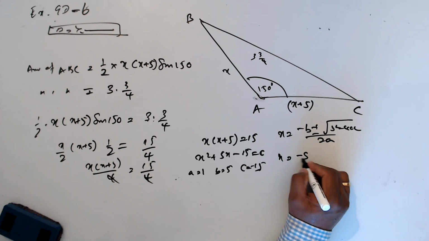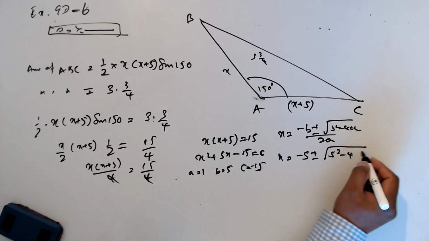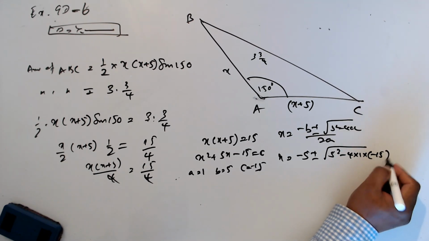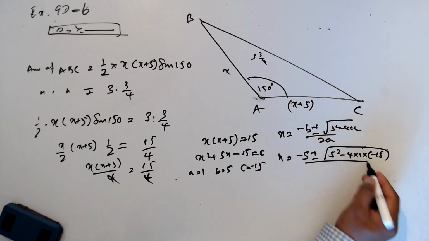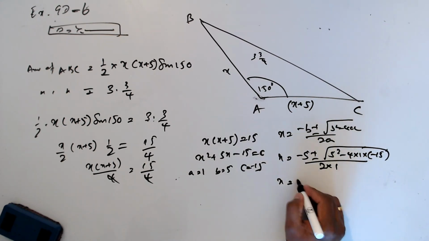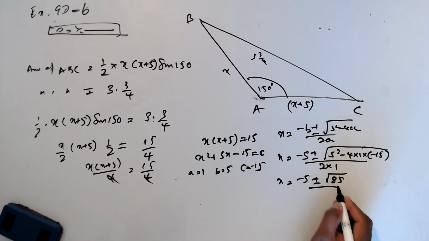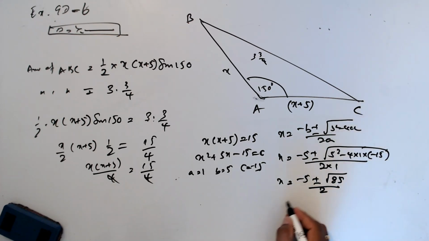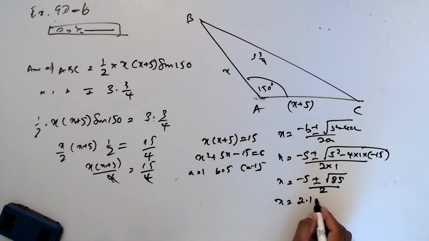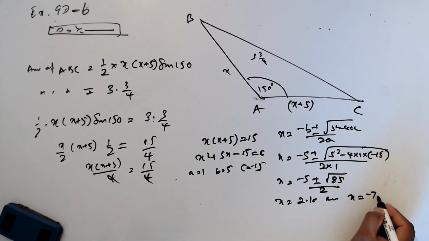Minus b is minus 5, b square is 5 square minus 4 times 1 times c, which is minus 15. If it is negative, always keep it within the bracket, over 2 times 1. So x equals minus 5 plus or minus the square root of 85 over 2. So x equals 2.10 or x equals minus 7.10.